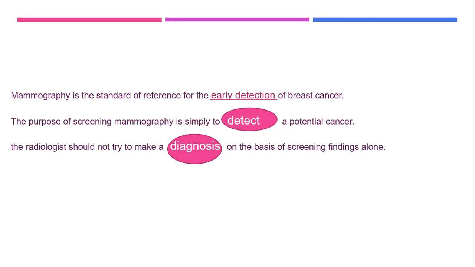But diagnosis is to characterize the lesion to reach a diagnosis, to define the lesion, if it is cancer or a benign lesion, by assessing it by its characters. So if you notice, they are always saying mammography is the standard reference for early detection, not early diagnosis, early detection, early picking up of cancer.